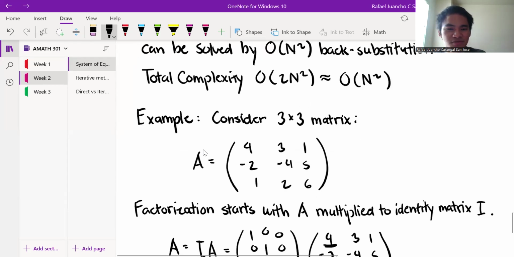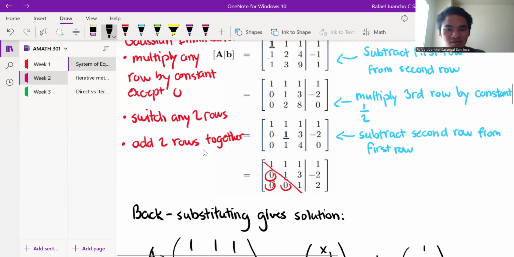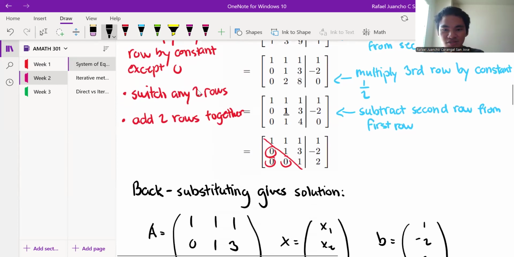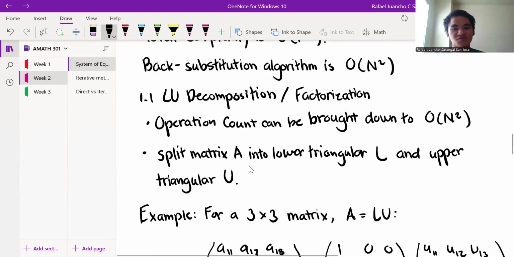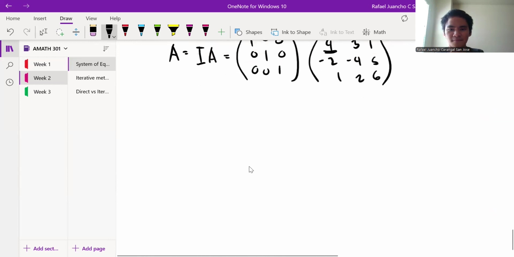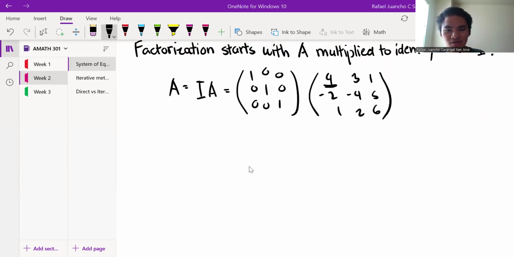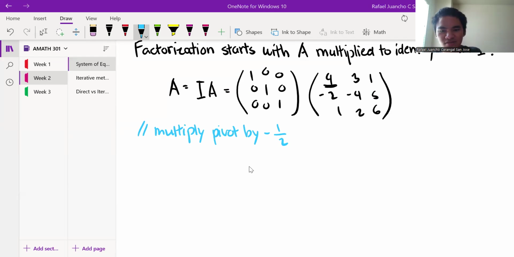So again, when we're using Gaussian elimination, we can either multiply any row by some constant, switch any two rows, or add. So multiply, switch, or add. Okay, so the first thing that the textbook did was multiply the pivot by -1/2 to eliminate the first column element.